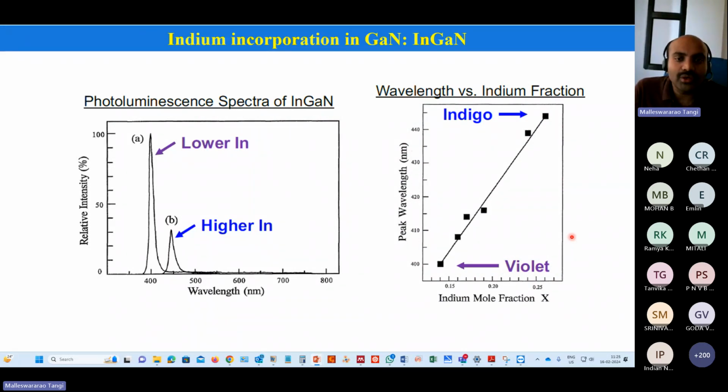So he tried to tune indium composition to get green and red emissions. But what he observed is that by increasing indium incorporation in InGaN material, the emission intensities were quite low compared to low indium content. So that gives another problem when you want white light emission.